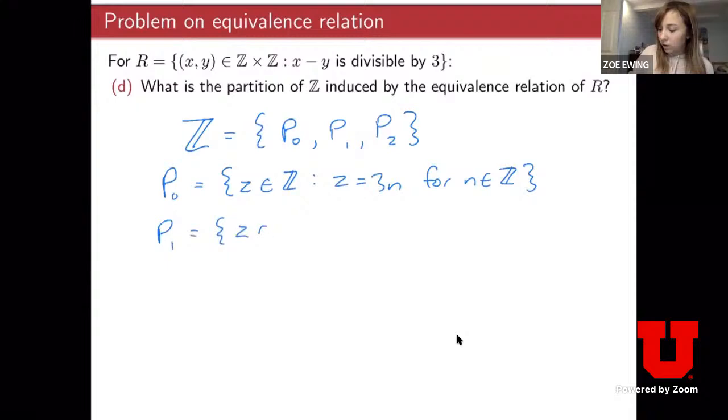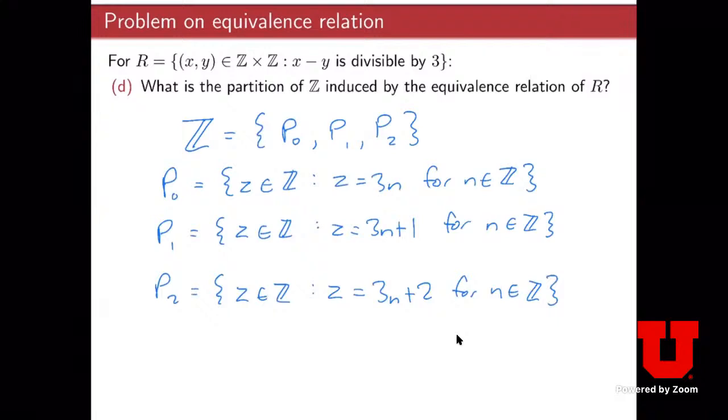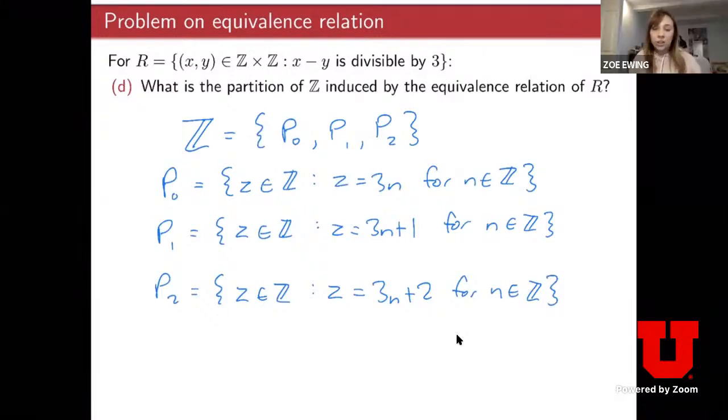P1 is going to be similar, but z equals 3n plus 1. And P2 is going to be our last remainder, z equals 3n plus 2, where n is in the set of integers. All right, got another one done. Any questions on that?